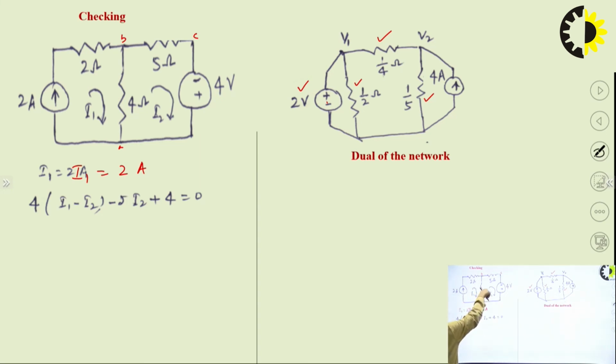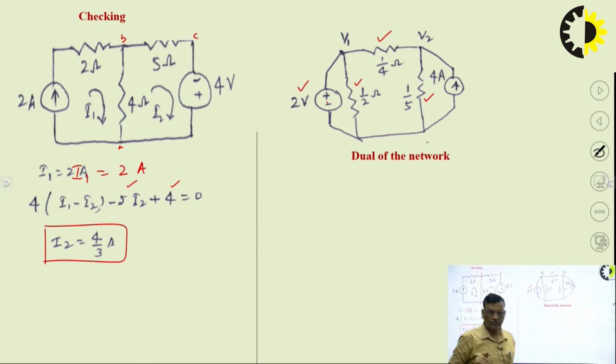I1 minus I2 flows from B to A, and we are moving from A to B, so 4 times (I1 minus I2), this is the drop across this. Then we move from B to C, in the direction of current. When the observer moves in the direction of current, he or she will experience a potential drop, so it is minus 5 I2. Then we move from minus to plus, so plus 4. On simplification we get I2 equal to 4 by 3 ampere.